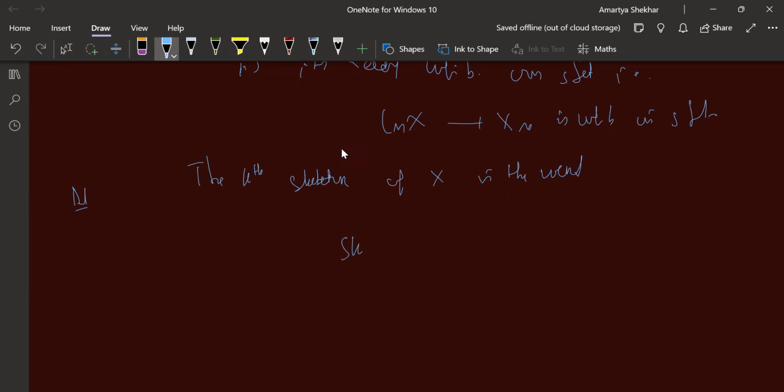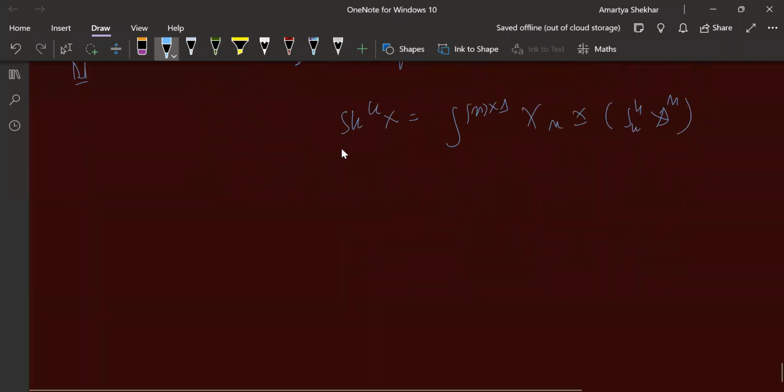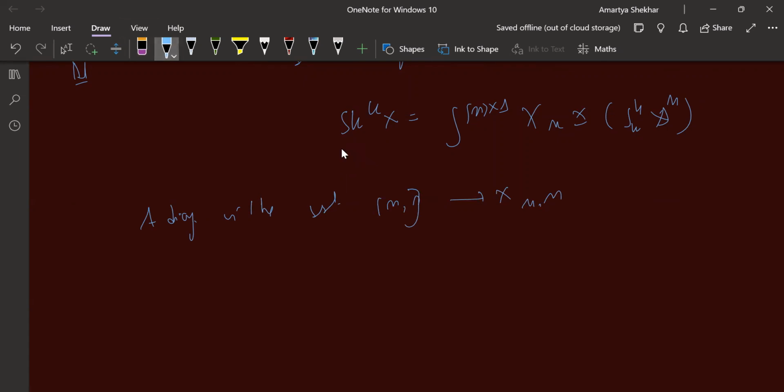So again, because I don't have time, I can't explain most of this. Right. And the diagonal of X is the simplicial set, diagonal of X, right?